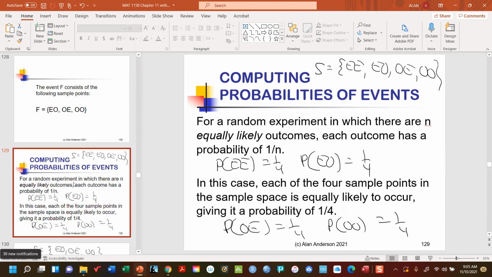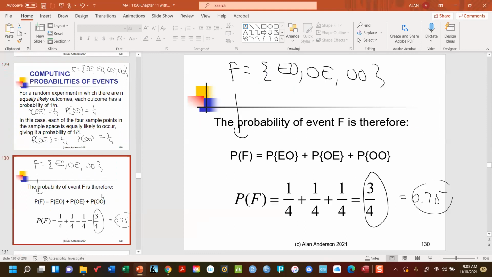What does that do for us? Well, we can make the claim that because F contains the elements EO, OE, and OO, the probability of F is simply equal to the probability of each of those outcomes added up together. In other words, the probability of F is the probability of getting EO or OE or OO.